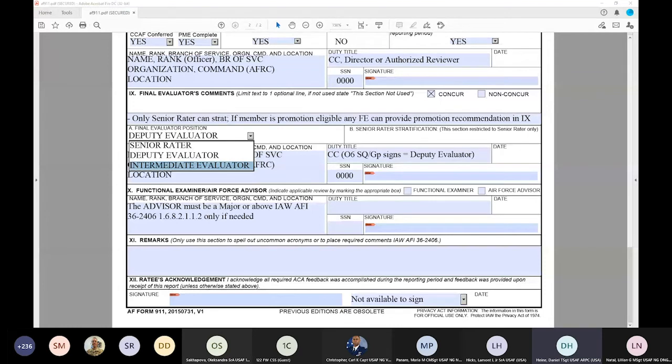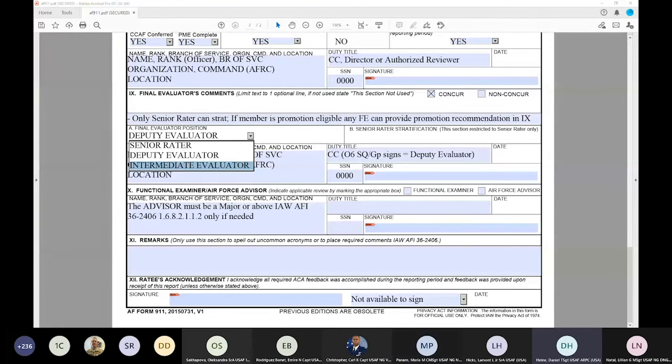Yes, hi. My question is, how do you determine the rating chain for an AGR whose military supervisor is a traditional guardsman? So traditional guardsmen can rate AGRs. So the rating chain would just be the member's normal rating chain, whoever the member's rater is, whoever that rater's rater is.